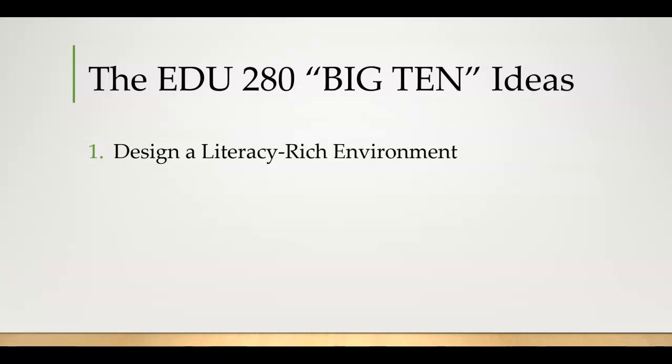And that means when I walk into your early childhood classroom, I should just be inundated with high-quality books and activity centers that inspire me to produce language. If I'm a little person, the books should be easy for me to reach.